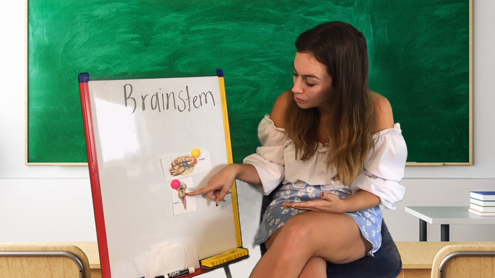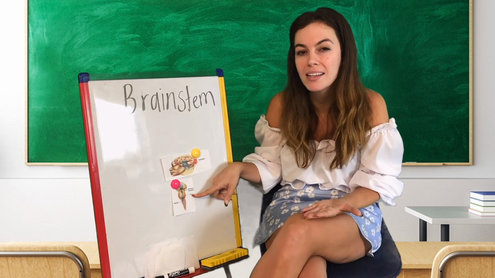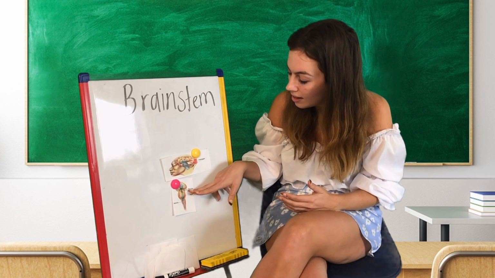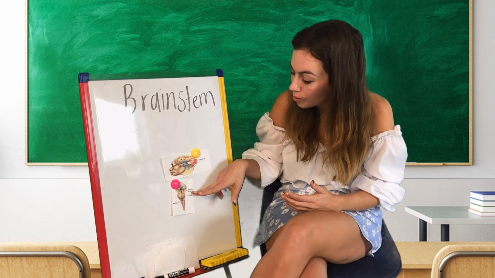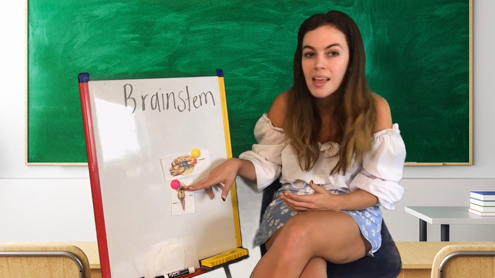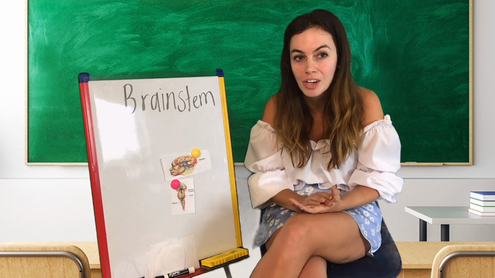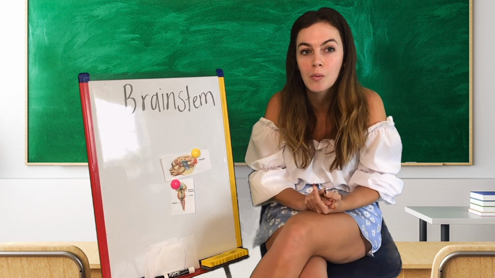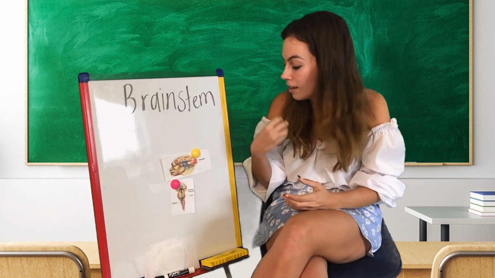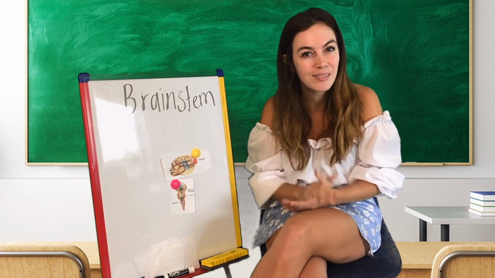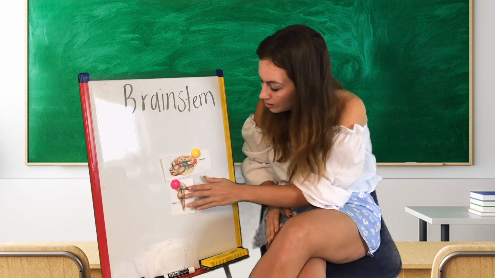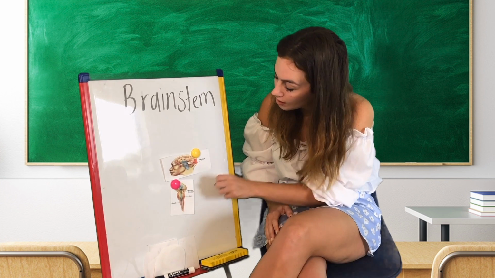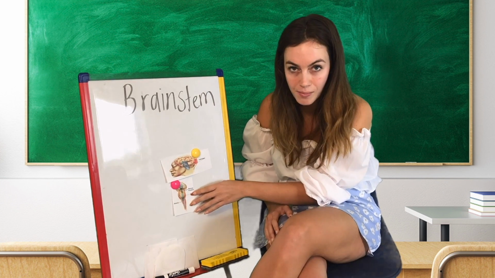Above the medulla we have the pons, and the pons helps with movement and facial expression. Then the reticular formation is above the pons, and it's a nerve network in the brainstem that plays an important role in controlling arousal, things like that.